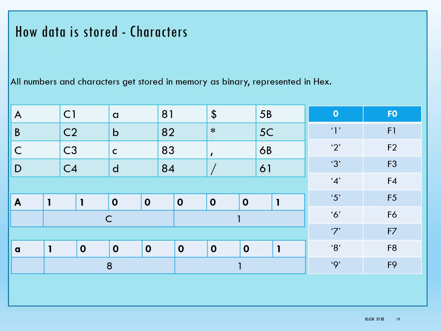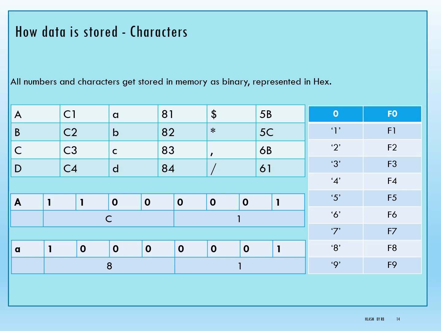You want to store ABCD. How will A get stored? A is C1, B is C2, C is C3, and so on. This follows the EBCDIC format, not the ASCII format. Similarly, small a, small b, small c, small d are 81, 82, 83, 84. Some symbols I am showing here: dollar as 5B, star as 5C, and so on. Again, I am repeating it.